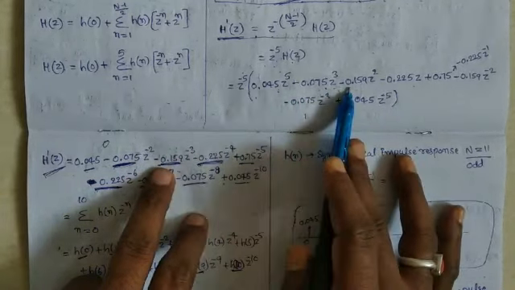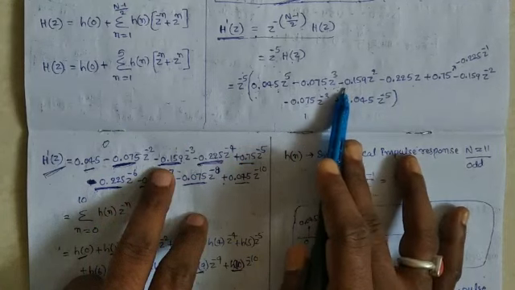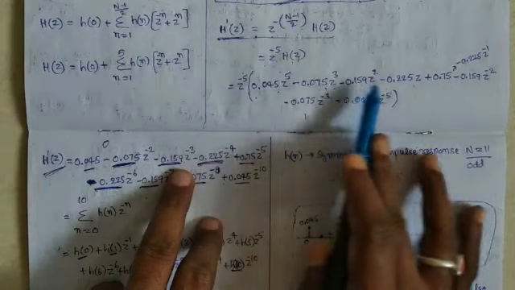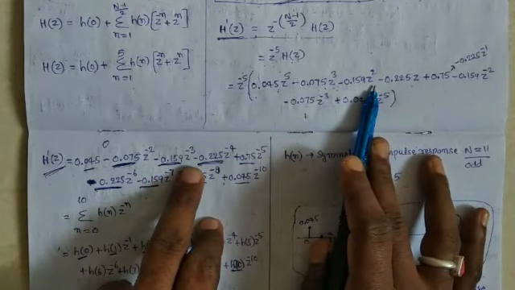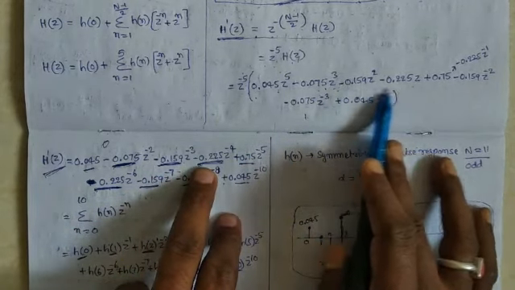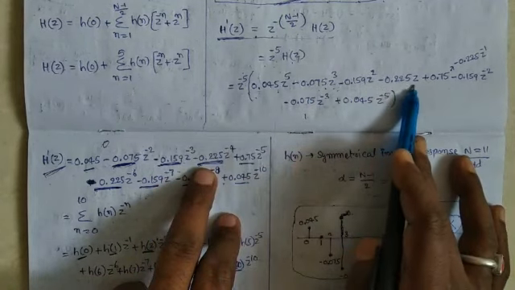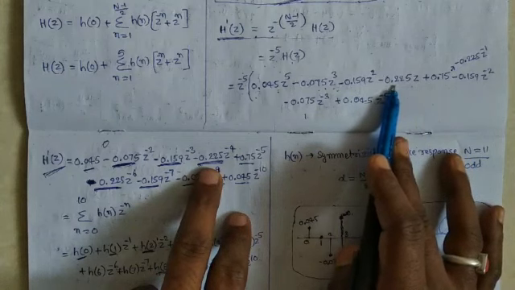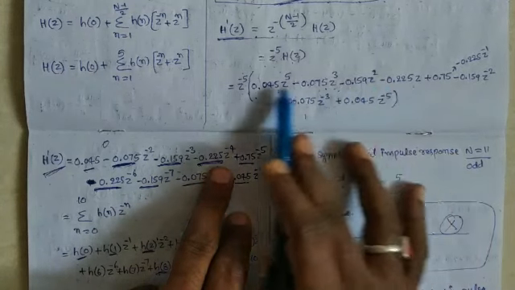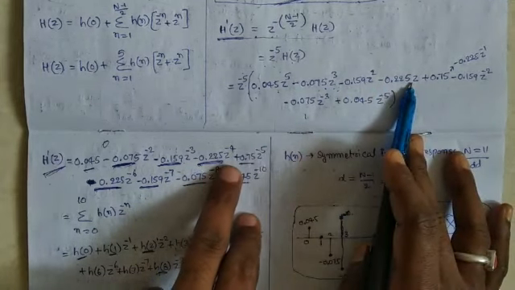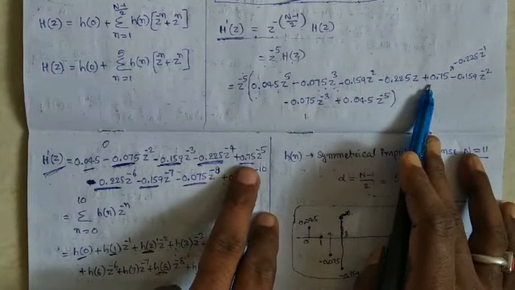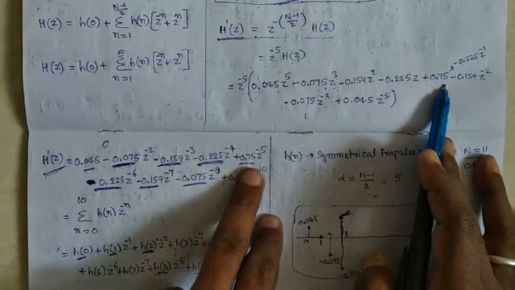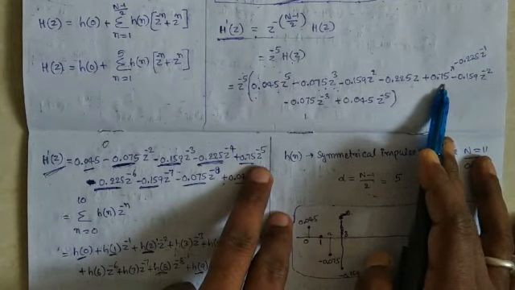Similarly, z power minus 5 is multiplied with this term. Its value is what? Minus 0.159. Z power minus 5 into z power 2, z power minus 3 it is. Similarly, z power minus 5 is multiplied with this term. Here minus 0.225. Here z power minus 5 into z power minus 4 it is, plus 0.75 into z power minus 5 is 0.75 z power minus 5 it is.